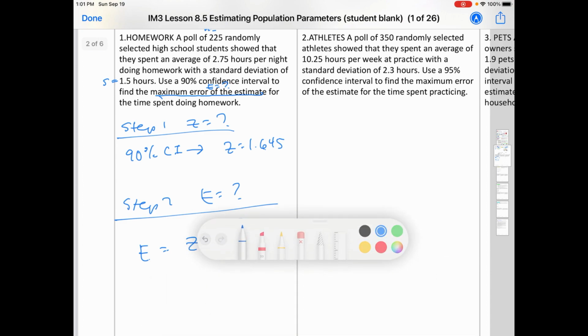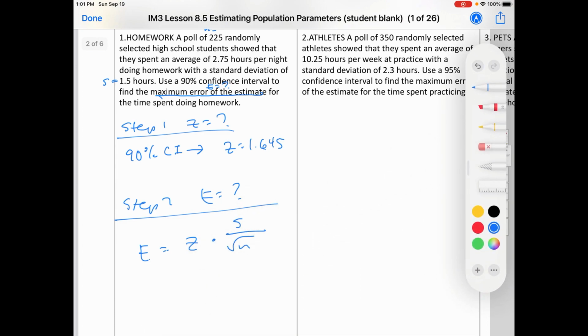So let's just go ahead and some people say plug and chug. Well, it's really substitute and evaluate. So our E value is equal to my Z-score was here. Let's go ahead and write that in. 1.645 times our S value. Our S value was 1.5.